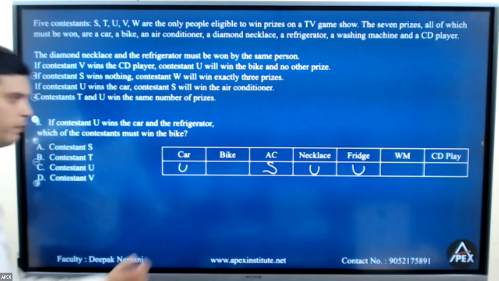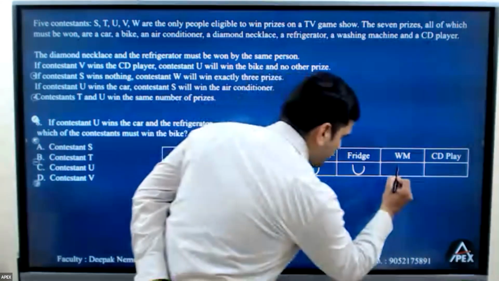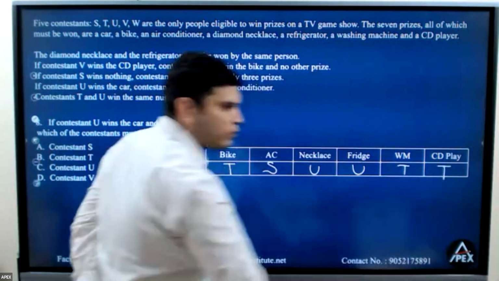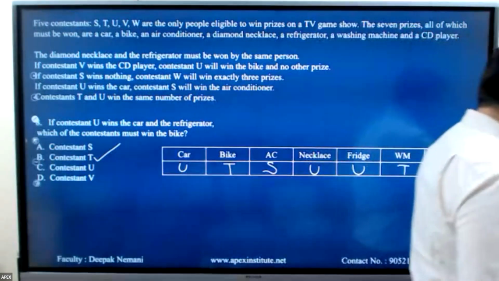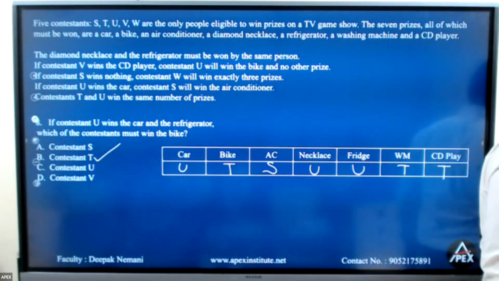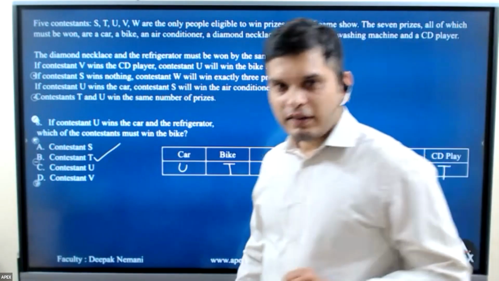So the remaining 3 prizes should be won by others. Now which contestant must win the bike? Answer. And you left these questions. That's what I am saying, you left these questions.